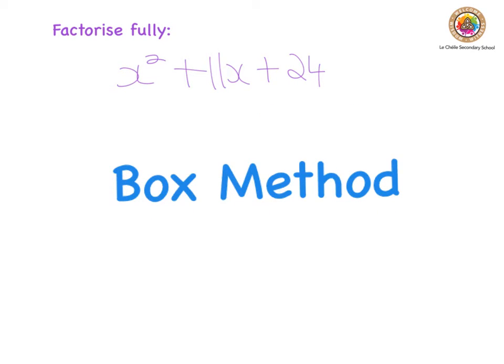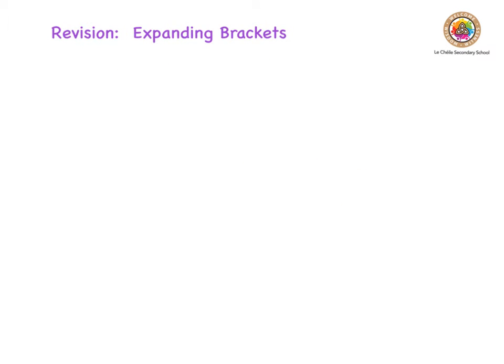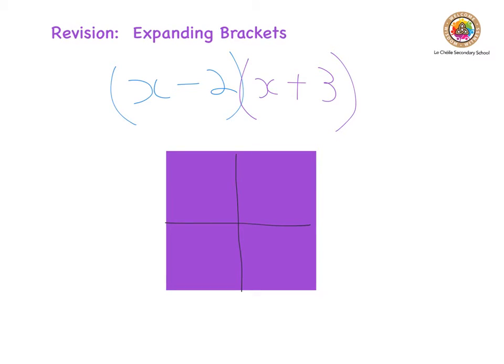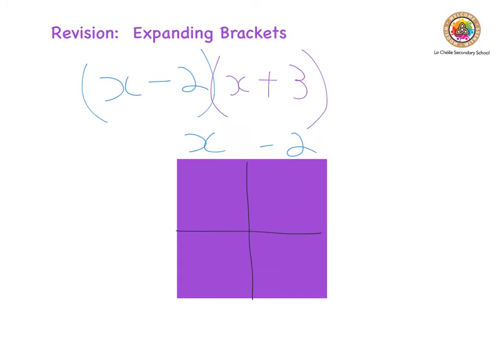Okay, so I'm just going to have a look at a reminder of the box method when it came to expanding brackets. So we're going to have a quick look at one of the expanding bracket questions we would have done. It might have been x minus 2 bracket x plus 3. We would have written x minus 2 along the top, then along the side we'd have had our x plus 3.